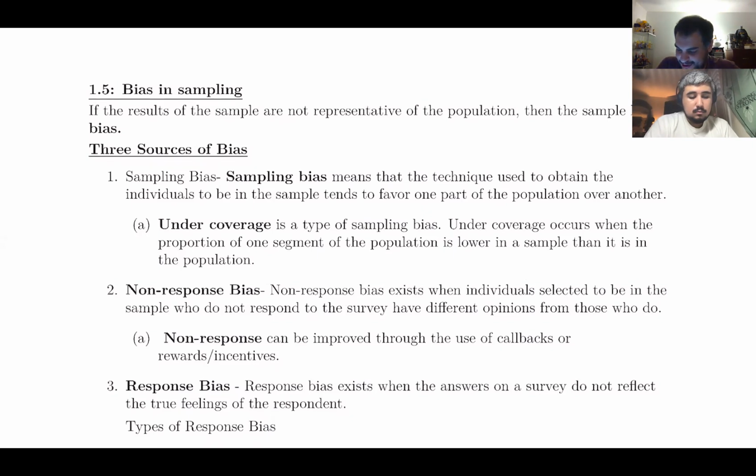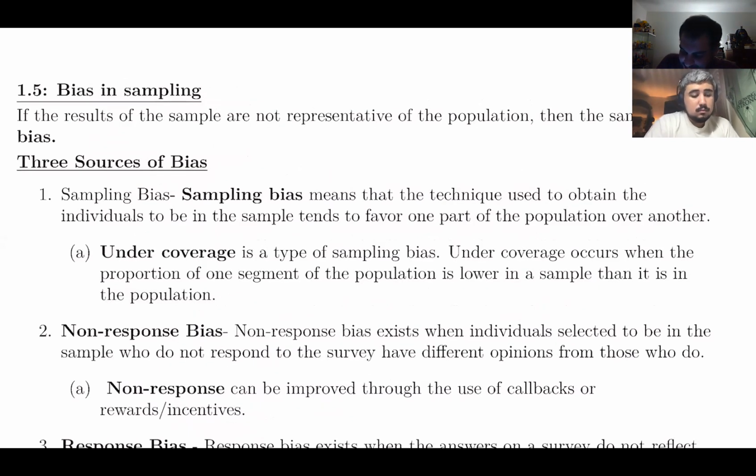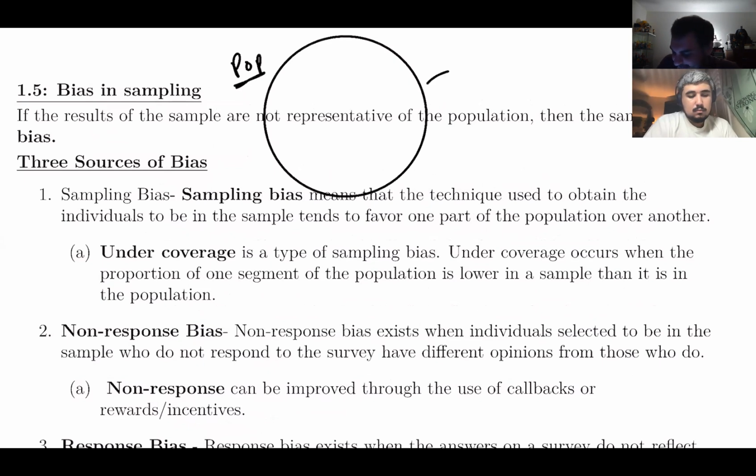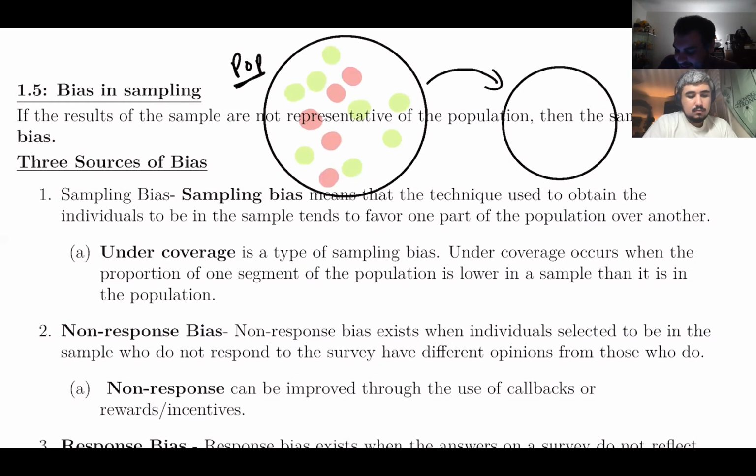So here, let me give you an example of that. Imagine this is my population, and say we take a sample from that population. All right, say we have some green, say we have some red. Let's make some blue in there.